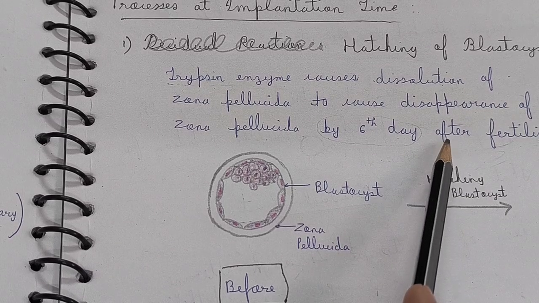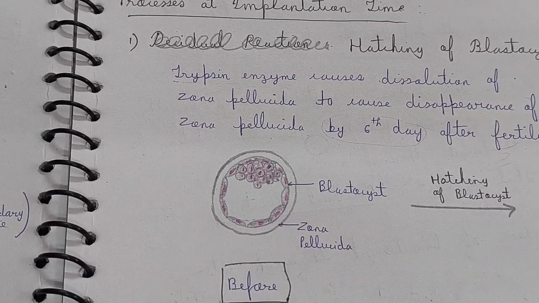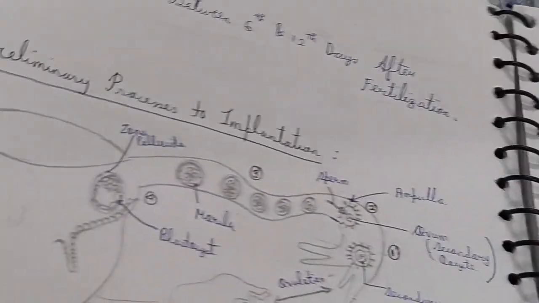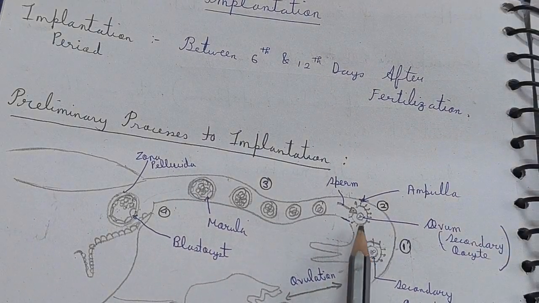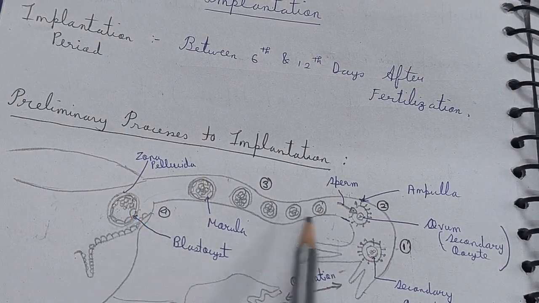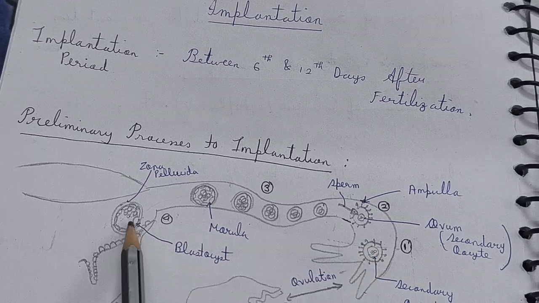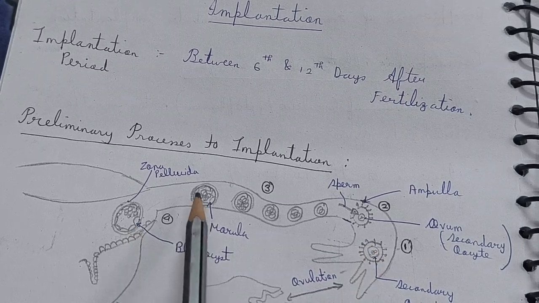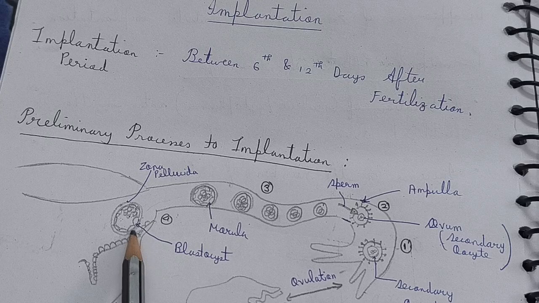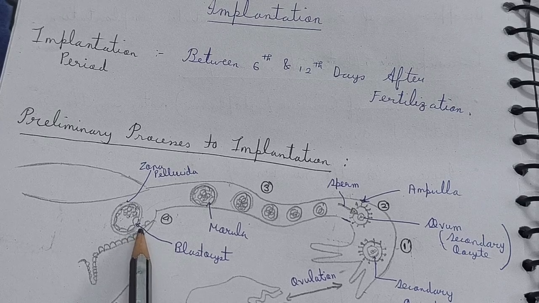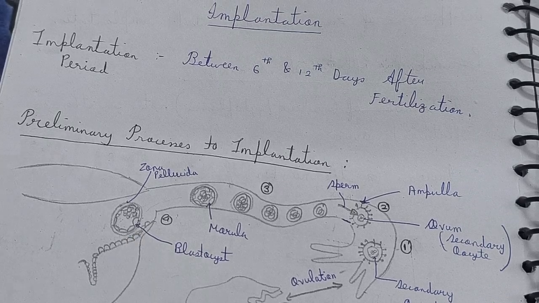So during the cleavage process of a fertilized ovum for the formation of the blastocyst, the zona pellucida is present, and just before implantation it disappears.